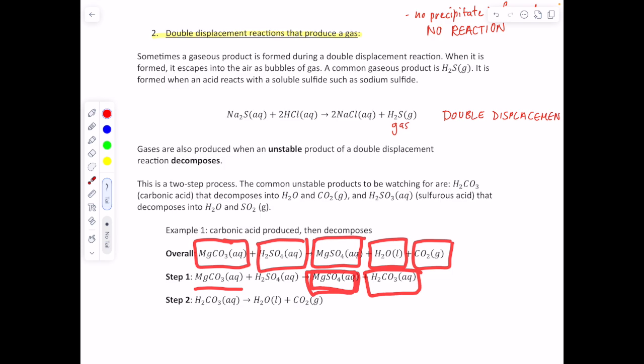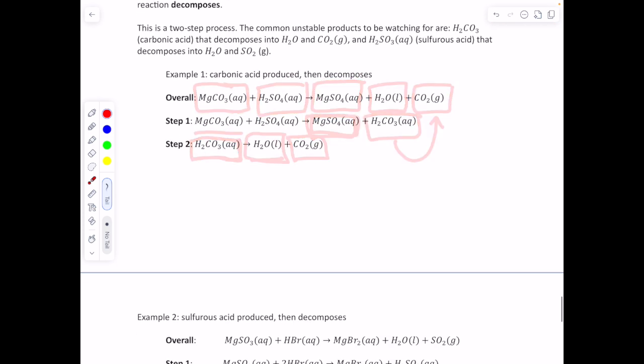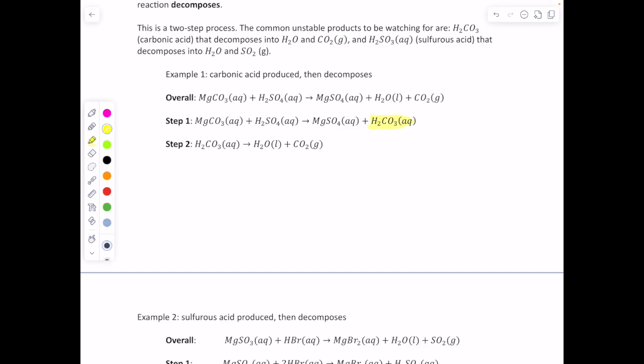But H2CO3 will decompose in an aqueous solution to produce water and carbon dioxide. So the overall reaction does not include this intermediary step, because this intermediary step decomposes to produce carbon dioxide gas and H2O.